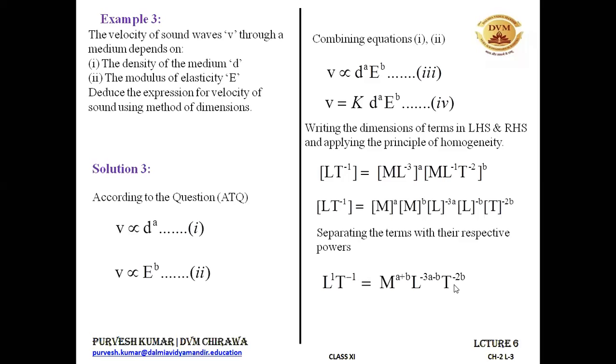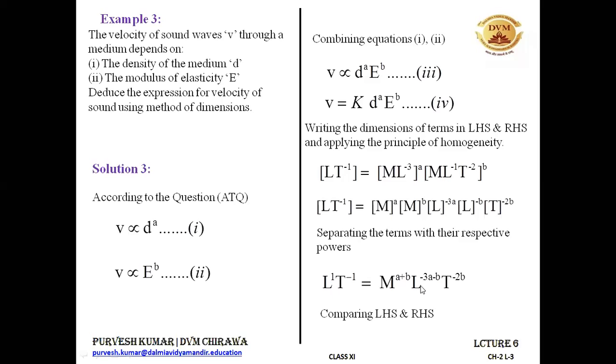All right. Now we have to compare the powers in the left hand side and the right hand side. So we can write A plus B equal to 0, because no M term, no mass term, is involved in the left hand side. Also minus 3A minus B is equal to 1, since L has power 1 in the left hand side.